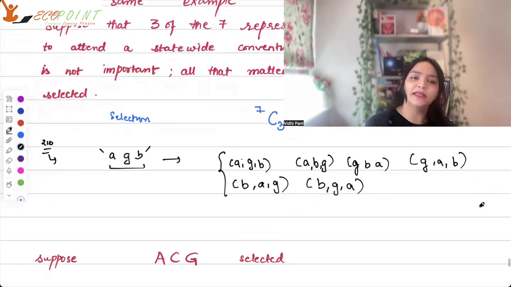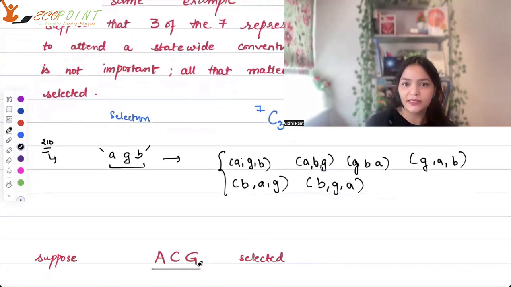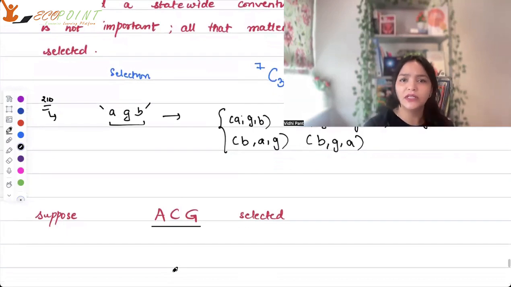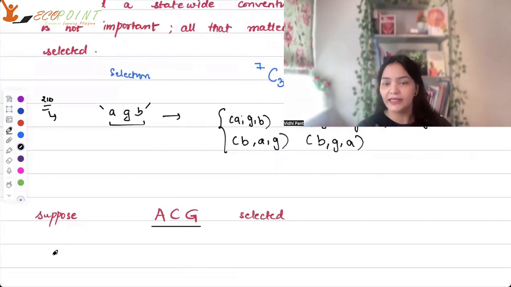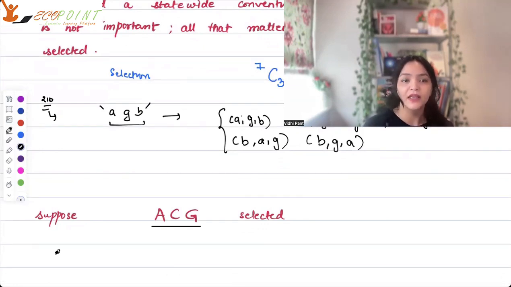इसी तरीके से अगर मैं ACG ले लूं, सपोज ACG इज सिलेक्टेड, उसके भी 6 केसेस हैं. इसी तरीके से मैं कोई भी BCG ले लूं, उसके भी 6 केसेस हैं. So that means every selection of 3 people has 6 permutations of the same thing, just because the order matters, right? तो अगर ऑर्डर मैटर नहीं करेगा तो मुझे एक ही केस चाहिए ना, AGB. मुझे 6 केस नहीं चाहिए, और हर किसी में 6 केस आ रहे हैं.